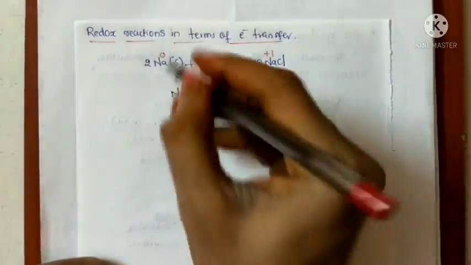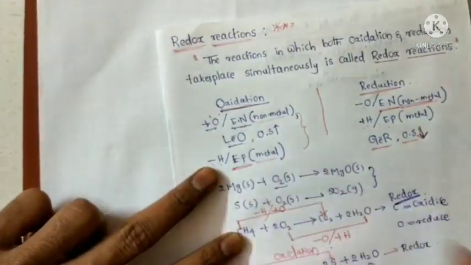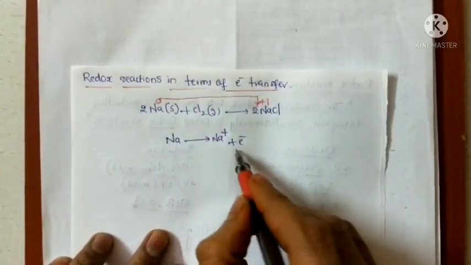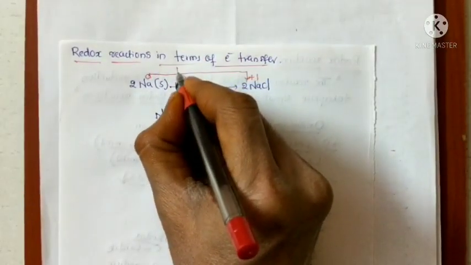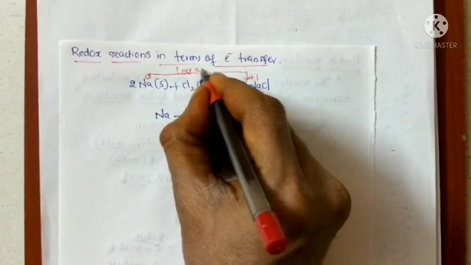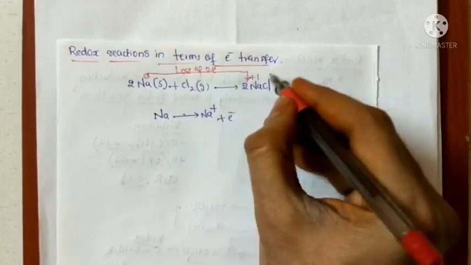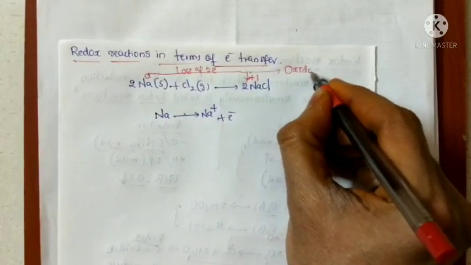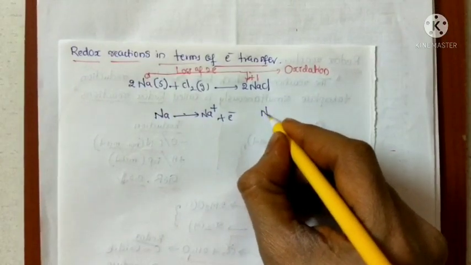We know that loss of electrons we call oxidation. Actually 1 electron, but there are 2 sodium atoms, so here it is loss of 2 electrons, and this process is called oxidation. So sodium is oxidized.